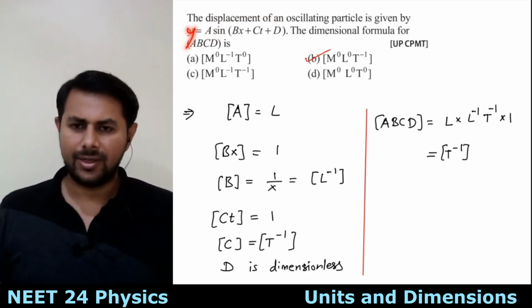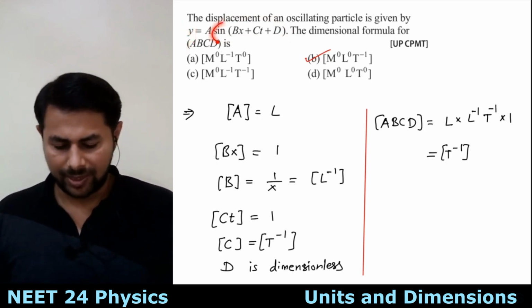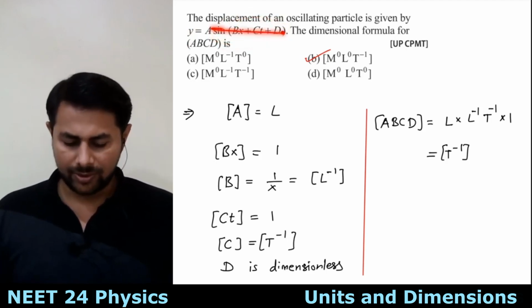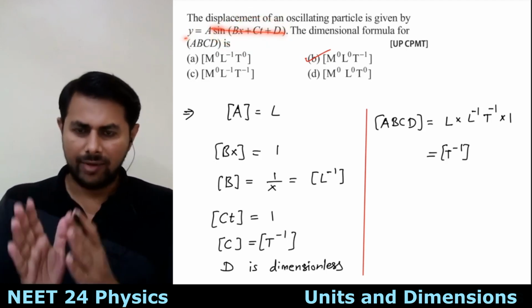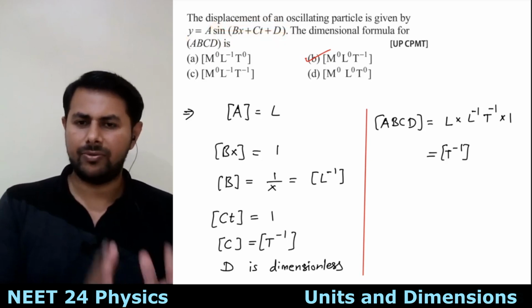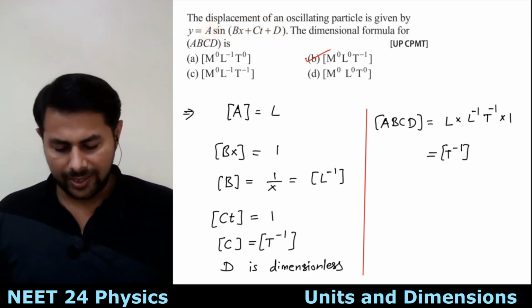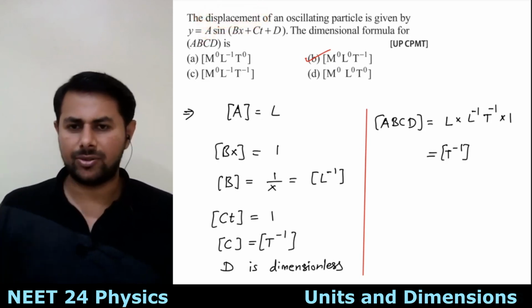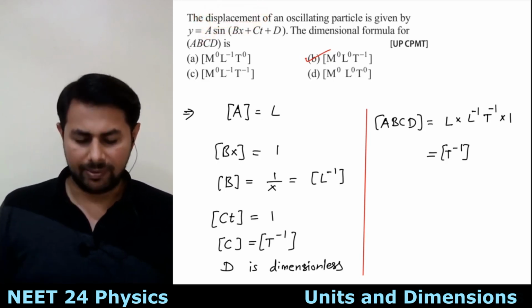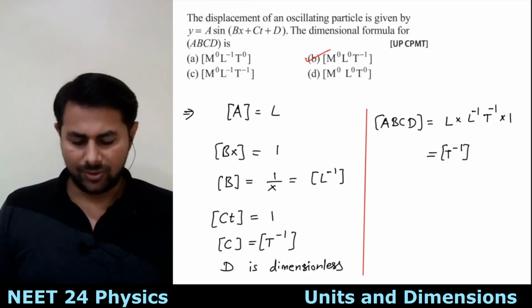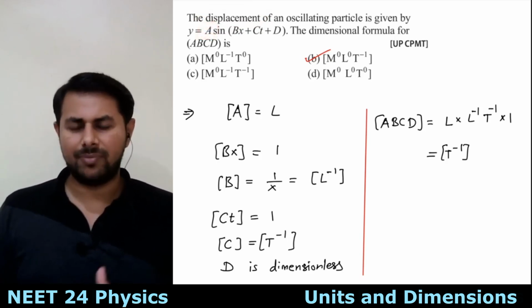So y is equal to a multiplied by this dimensionless quantity, right? So you forget about this thing. So dimensions of y will be equal to dimensions of a, right? And what is y? It is displacement, means dimensions of y is same as that of dimensions of displacement, it's length. Okay, and therefore dimensions of a is also same.